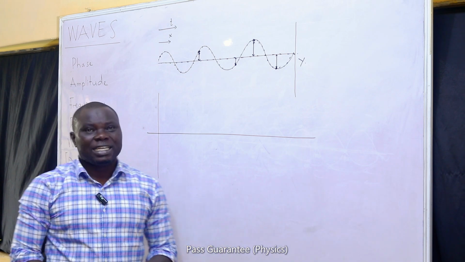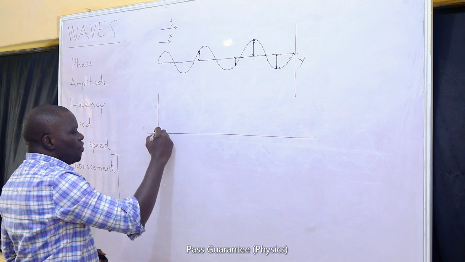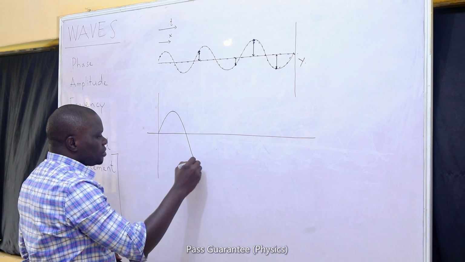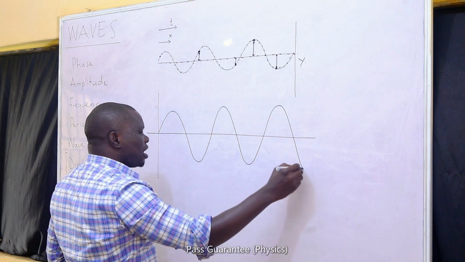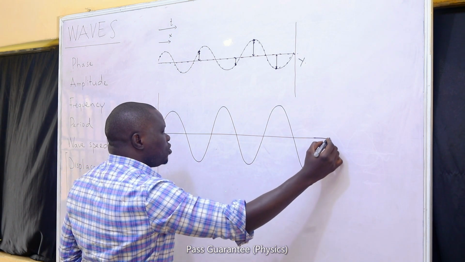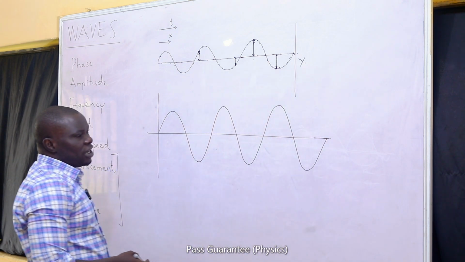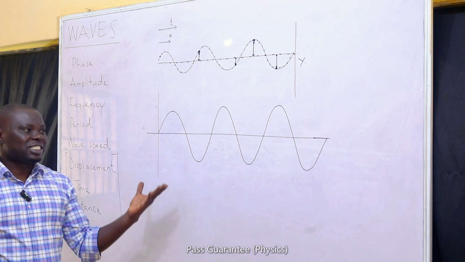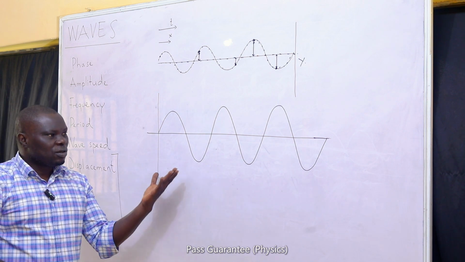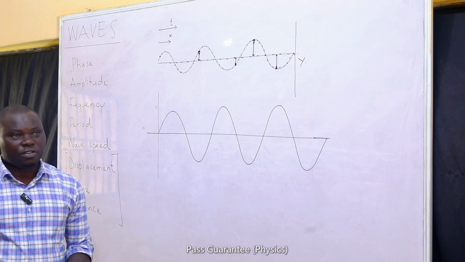When I do that, this is the type of wave that I will get. This is taken to be the graphical representation of a wave. It looks very much like what we have here. This is the standard mathematical or graphical representation of a wave.